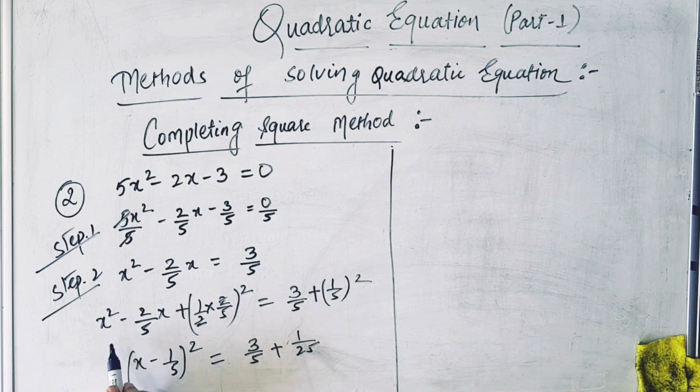This must be clear, a square minus 2ab plus b square became the identity of a minus b whole square. Now we'll solve it, we'll take the LCM.